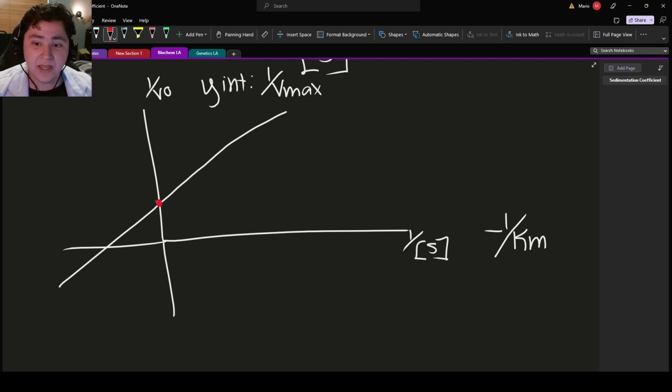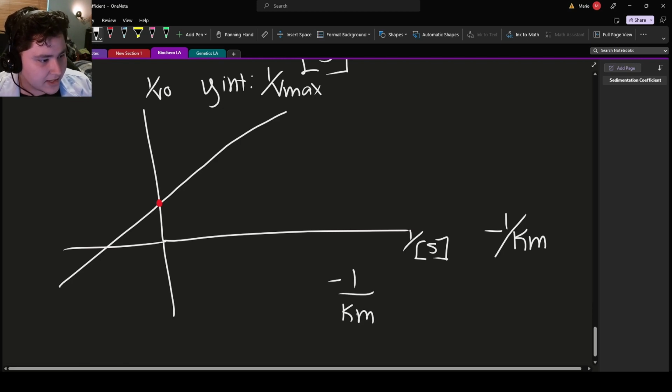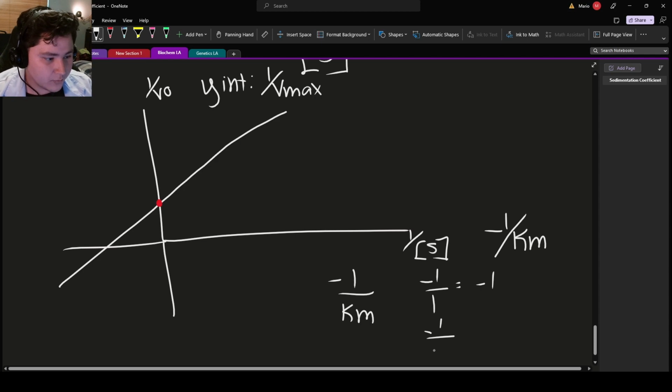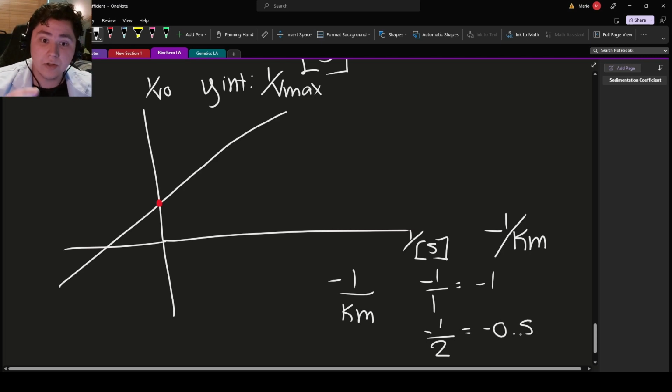Well, if our Km increases, let's kind of draw it out. Let's see what's going on. So we have -1 over Km. Let's say our initial Km was 1. Well, we end up with -1. If our Km increased, -1 over, let's say 2 now, we would end up with -0.5. Suddenly our value got lower, right?